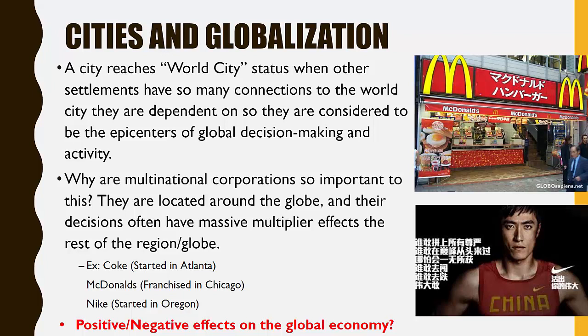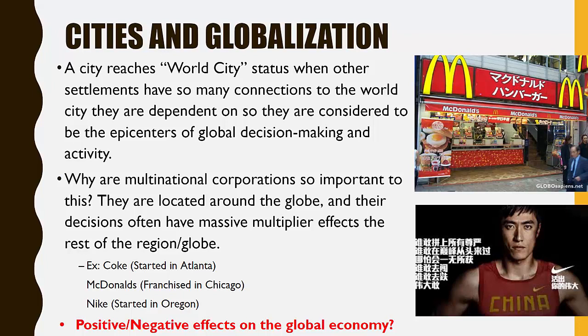And why are these multinational corporations so important? Well, they're located around the globe. And so their decisions often have massive multiplier effects on the rest of the region or the globe. You'll see copycats being done by other businesses and activities in those regions. Coke started in Atlanta. It's now a global corporation located in something like 190 countries around the world. McDonald's, same thing. Franchised in Chicago, it's now a global corporation.